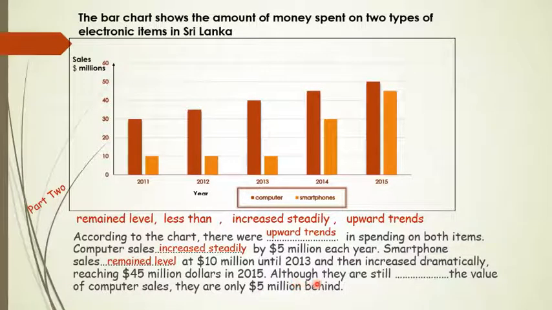Although they are still, yes, less than the value of computer sales. See, this is computer sales and here smartphones, less than the value of computer sales. They are only 5 million behind. See, 5 million gap. Right.